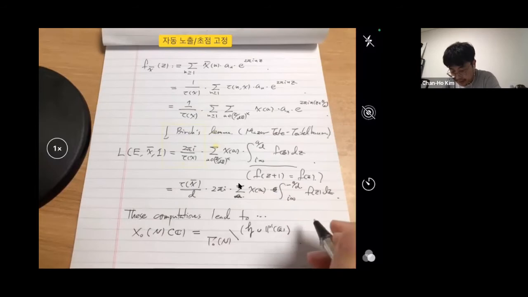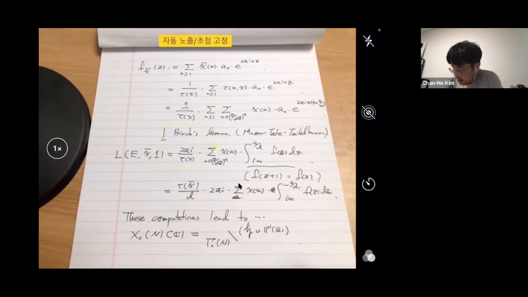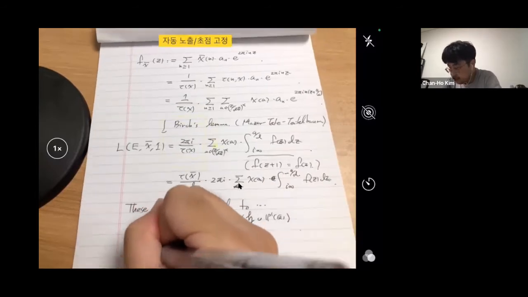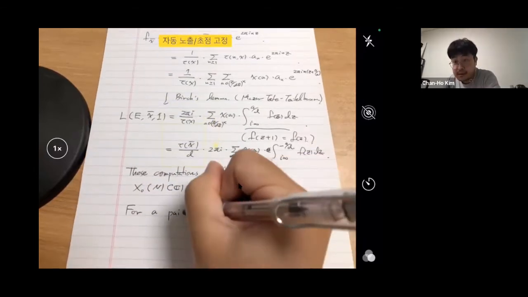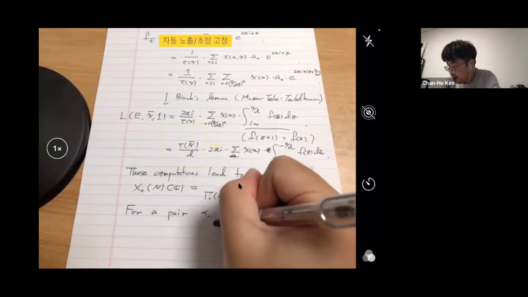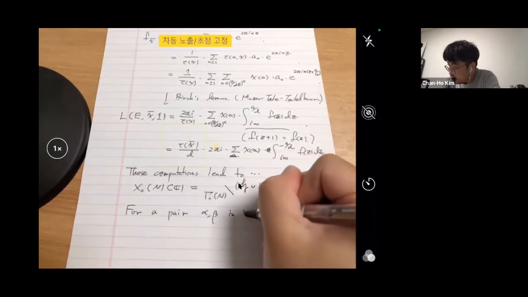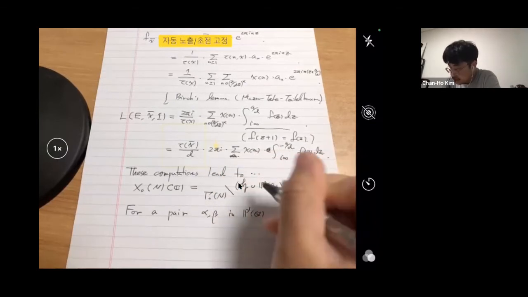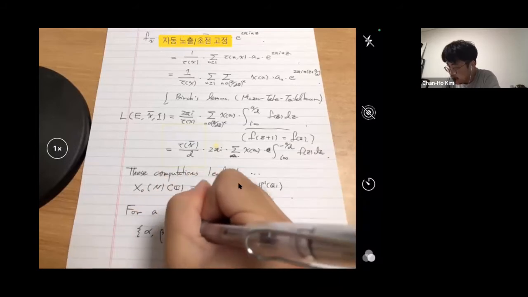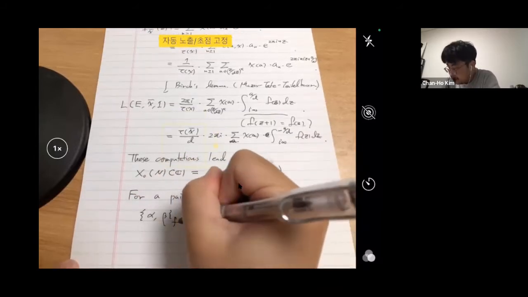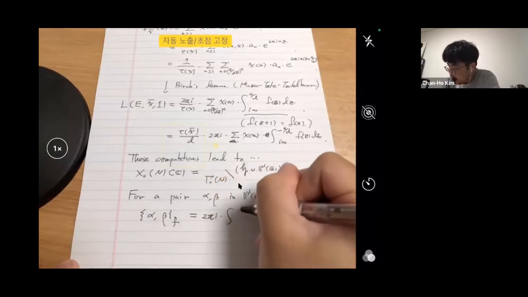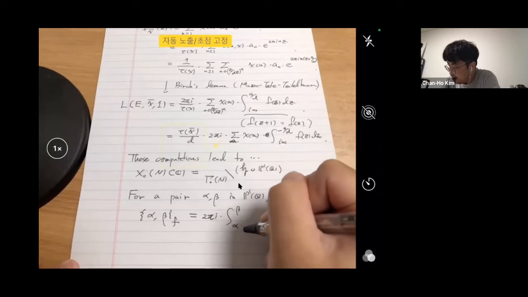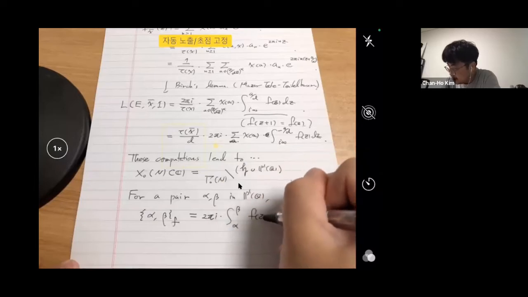And for a given pair of cusps alpha, beta in P^1(Q), I define the following integral pairing: 2 pi i times the integral from alpha to beta of f(z) dz.